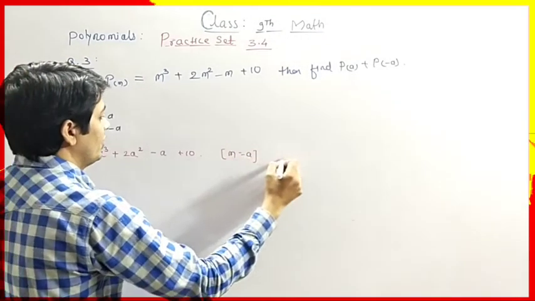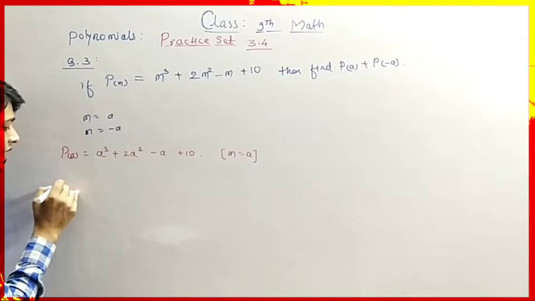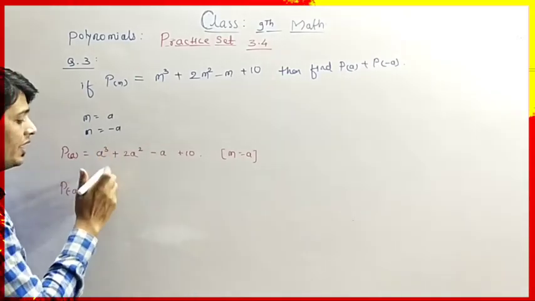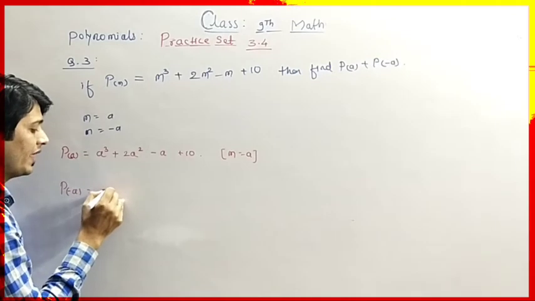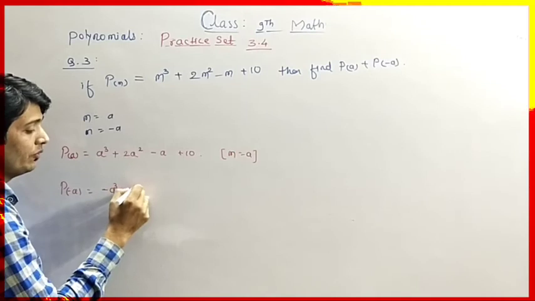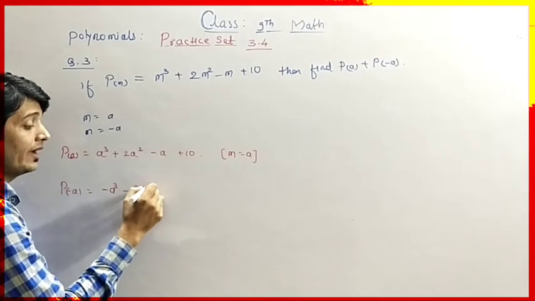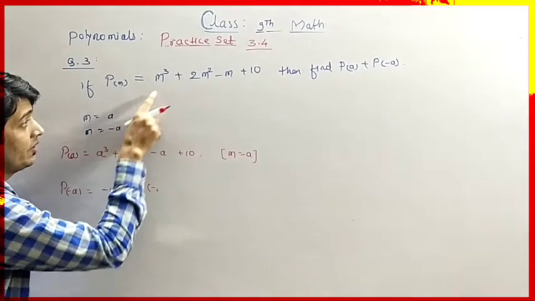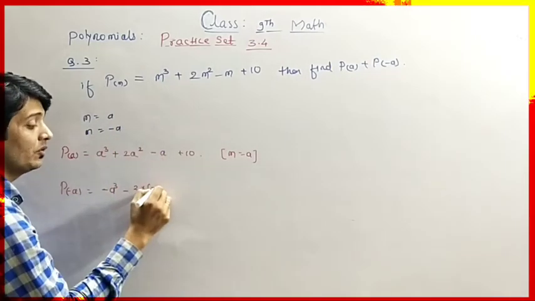So let this be our first equation. Now P(-a) equals: a cube will become minus a cube, then minus. See, we have 2 into a square, so we have to write minus. Here we have m, so instead of m we have to write a.